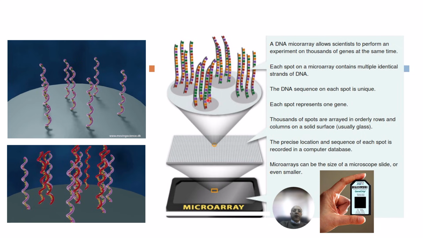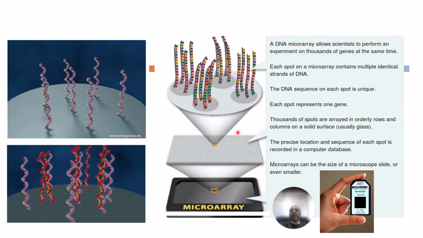Now this one here is multiple probes for another specific gene. So that's gene A, gene B, gene C, gene D, etc. So we can have all 20,000 protein coding genes right here.